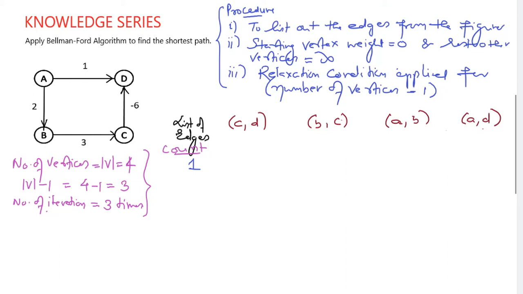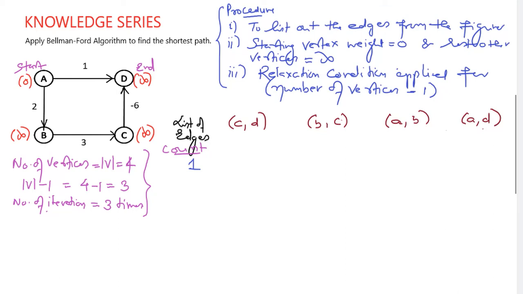This is the starting point, and this is the end point. Here the starting vertex is 0 and the rest are infinite.